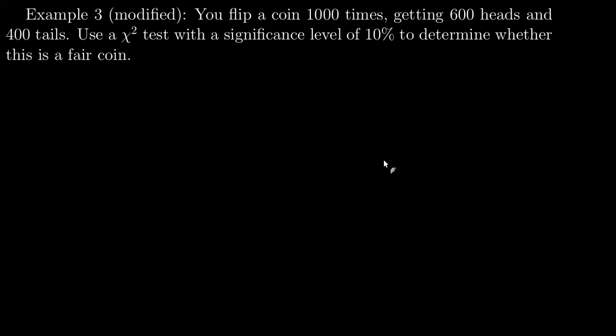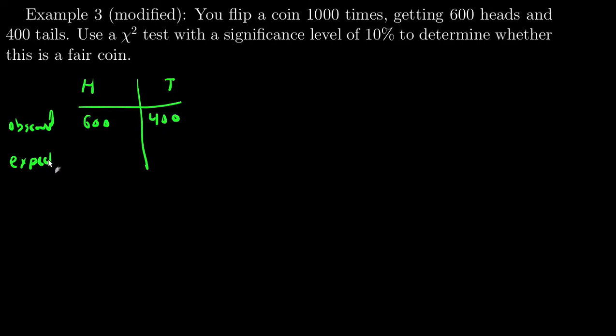So here's a very similar problem with some slight differences. So heads, tails, 600 heads, 400 tails. This is observed. We would expect to have 500 and 500 on a fair coin. And now I can calculate the chi-squared value. It's going to be similar to before, but not the same.